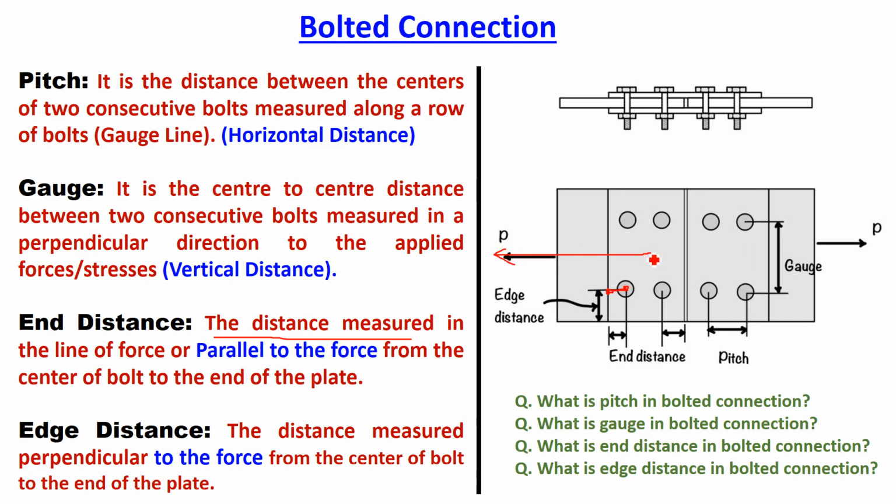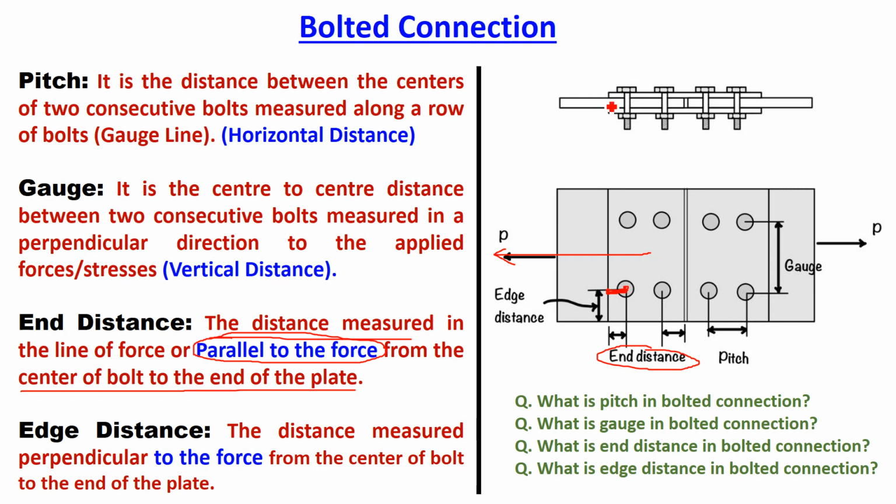This is called end distance, parallel to the force. It is the distance measured in the line of action of the force from the center of the bolt to the end of the plate. In simple words, you can remember end distance as the horizontal distance between the center of the bolt and the end of the plate. That is called end distance, right?